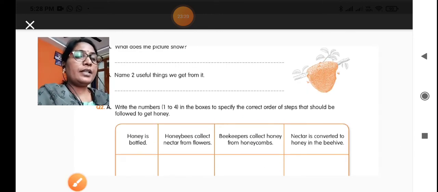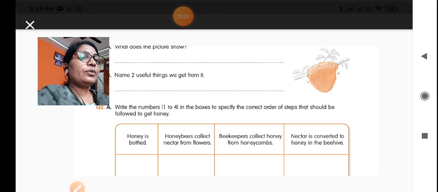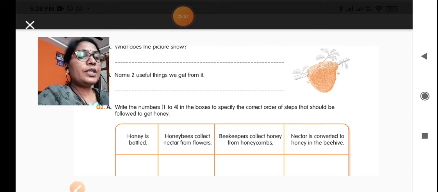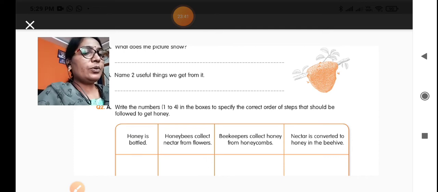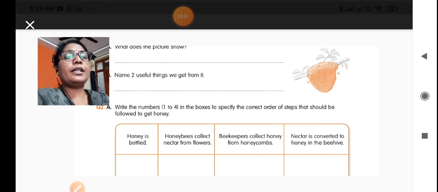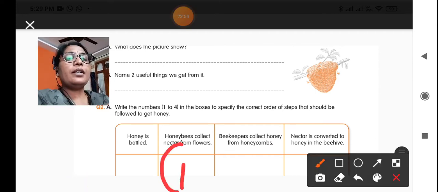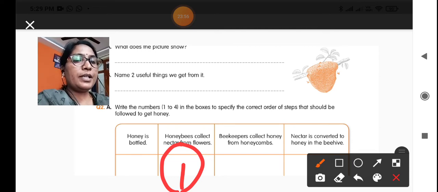Next one, write the numbers 1 to 4 in the boxes to specify the correct order of steps that should be followed to get honey. Which step should come first? You have to identify from the given 4 steps, and under that you write number 1. Okay children, it's so easy for you. So honey is bottled first? No. Honeybees collect nectar from flowers. So the second box will be the first step in apiculture.